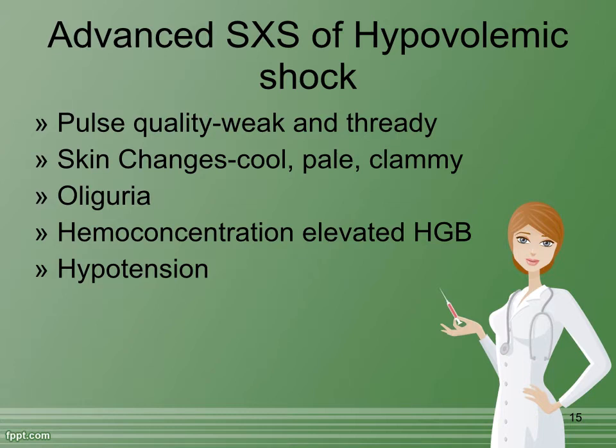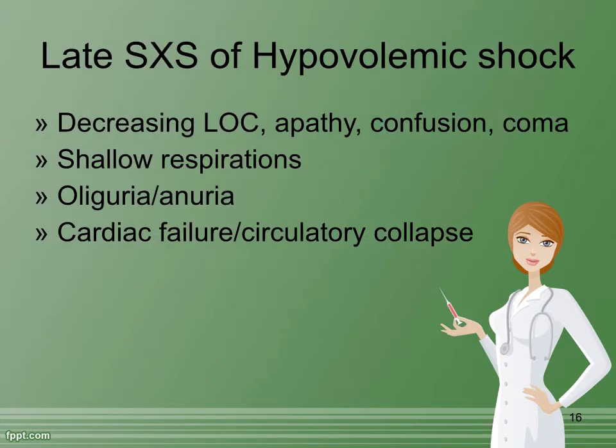Now let's go to the next slide. Late signs of hypovolemic shock are decreasing LOC, apathy, confusion, and coma, and this is happening because the cardiac output is falling below a critical level. The brain is no longer receiving adequate blood flow. Brain cells that require high levels of oxygen and glucose cannot continue normal functions of orientation, comprehension, responsiveness, and wakefulness or alertness.